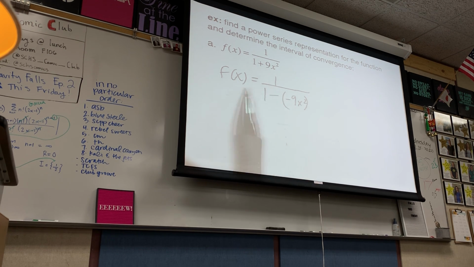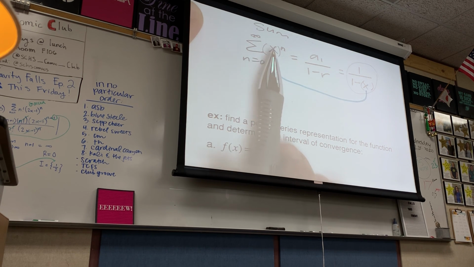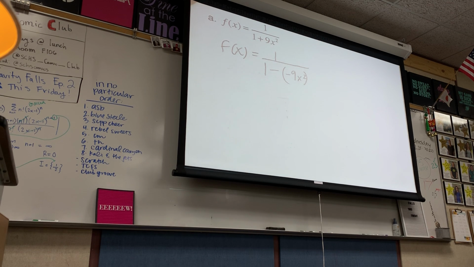It's specifically 1 over 1 minus something. According to this little pattern here, 1 over 1 minus something is the sigma of that something to the n. So here we're going to rewrite this as sigma, and then it's negative 9x squared to the n.